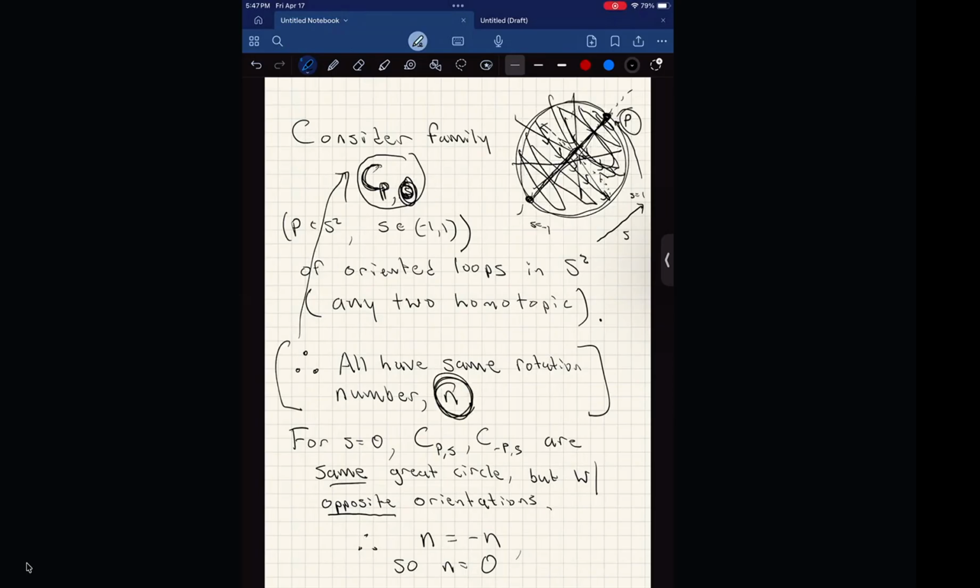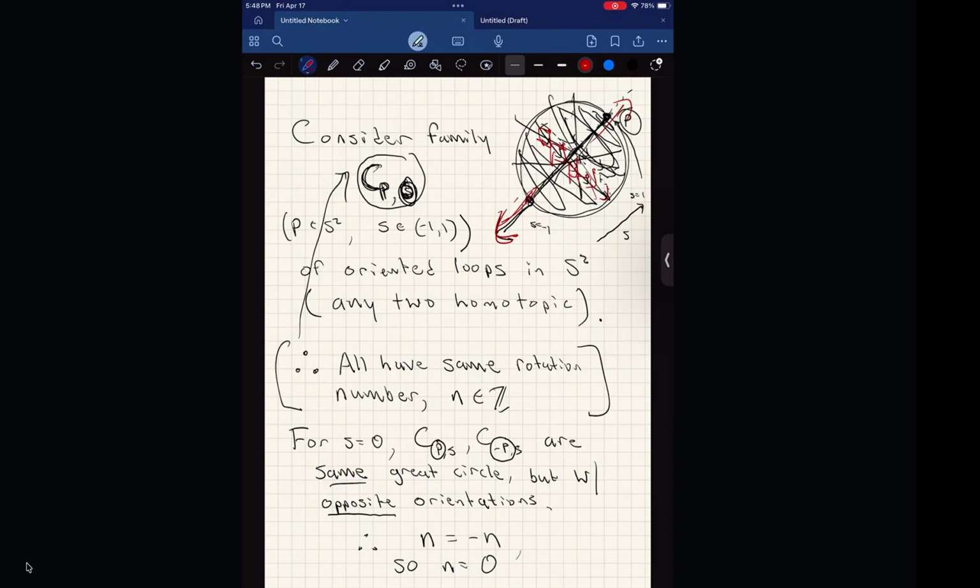So let's just fix that number. Let's call it n, an integer. And now we work towards the two cases we had from before. If I have a CPS, and for that same P, I consider the C minus PS, I do the same thing, but now I consider minus P, and this amounts to switching the orientation. If I had been going around this way for this P, if I choose the minus P, I'm going around the opposite way.